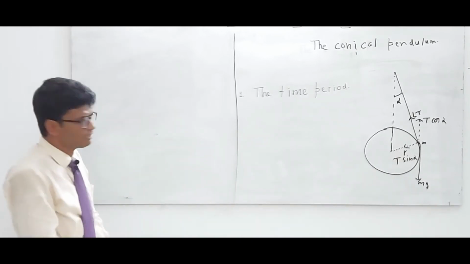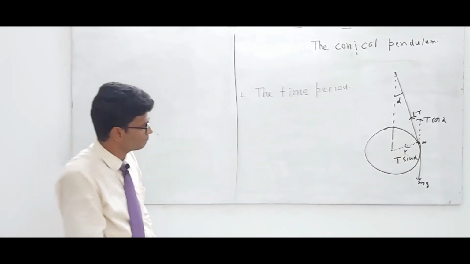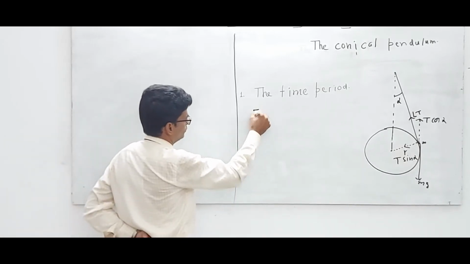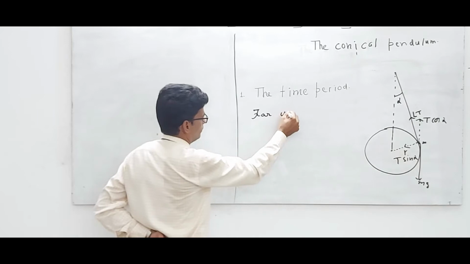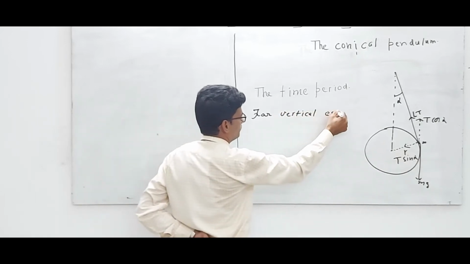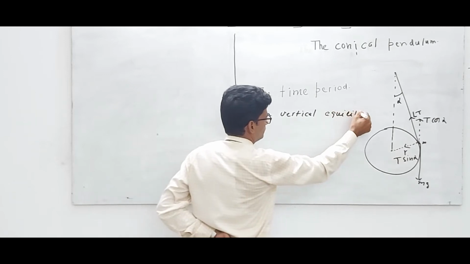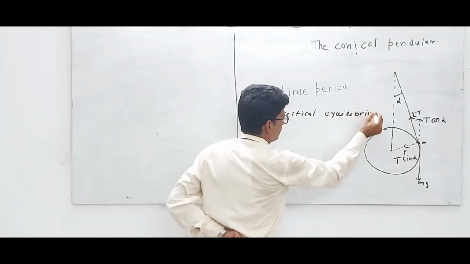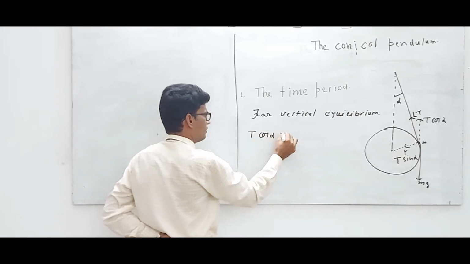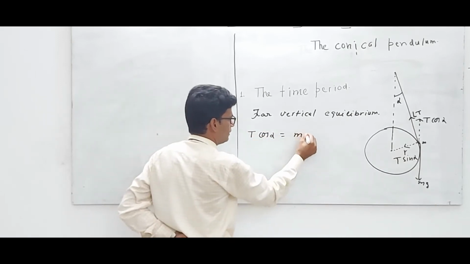Now we are in comfortable zone. Write down for the vertical equilibrium: T cos alpha is equal to mg.